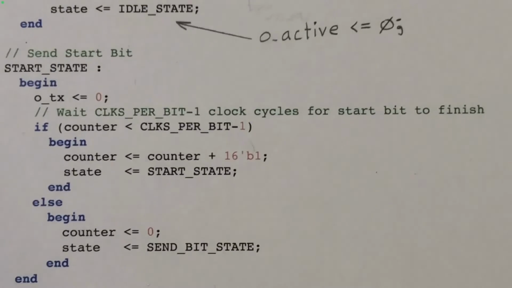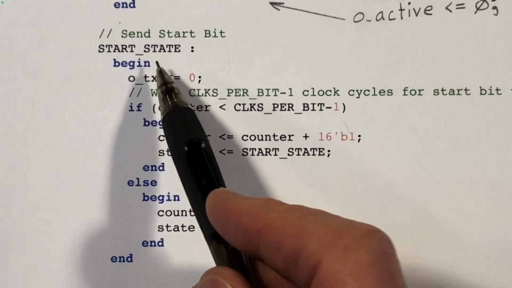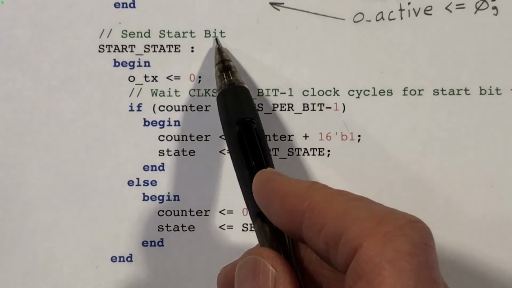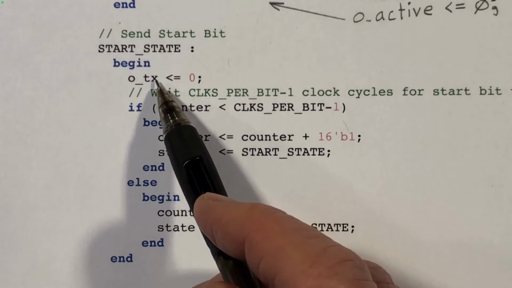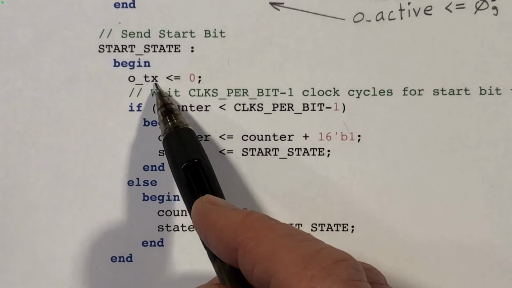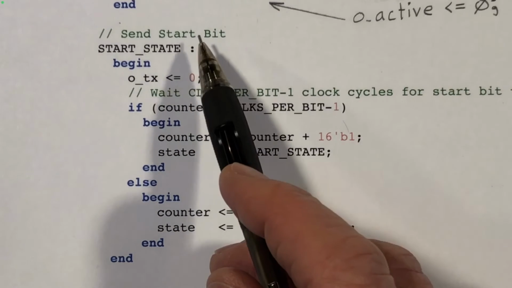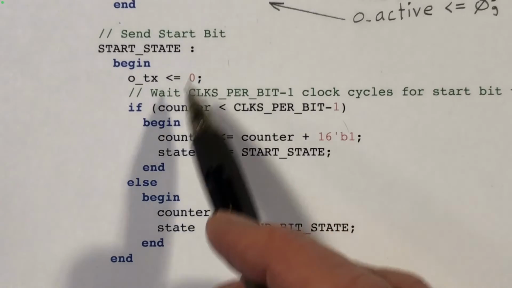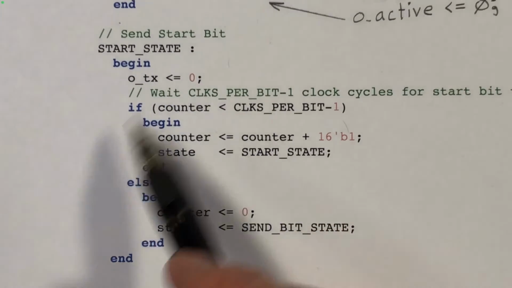Okay, let's move on to the start state. In the start state, we're going to be sending the start bit. So the first thing we do is set the TX flip-flop to 0. Remember that the start bit is a 0. And then we use our counter.